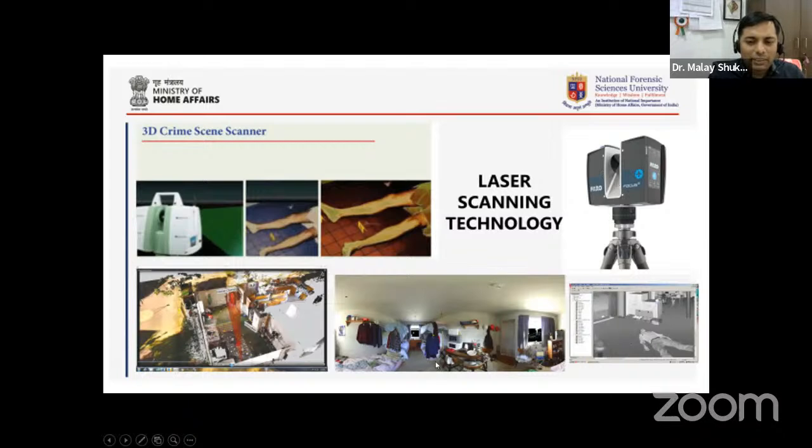You just need to place this 3D scanner in the middle of the crime scene. It will rotate 360 degrees and scan the entire scene of crime, and give a 3D sketch like this, right? That will help us to know the exact dimension of the object, evidences, where it was placed and what was the distance of it, and we will be able to successfully defend our case in the court of law.